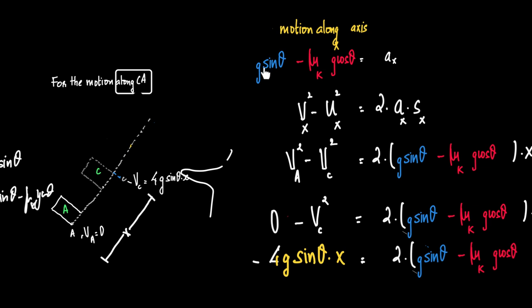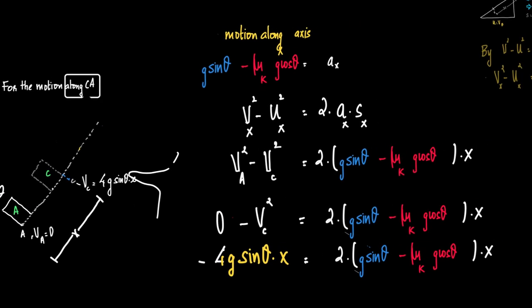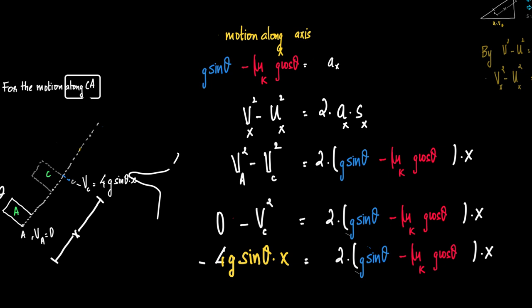Now ax is g sine theta minus mu k g cos theta. Sx here is x, because we assumed AC to be x. So into x. Now vA square is 0. vC square we found out to be 4g sine theta into x. So we substitute the value here.